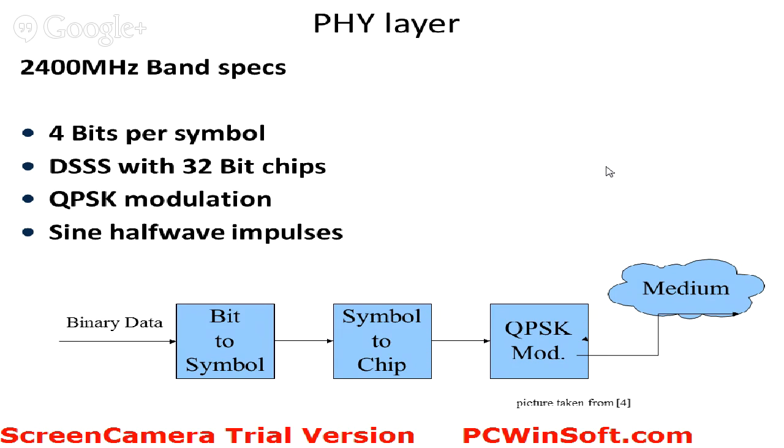This is the physical layer of a ZigBee network, and it operates in the 2.4 GHz band specifications.